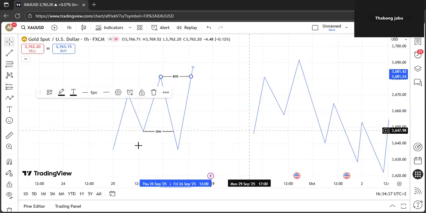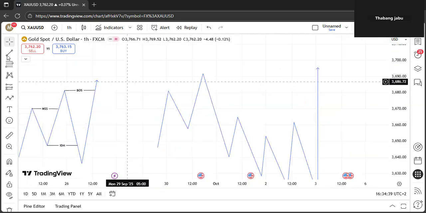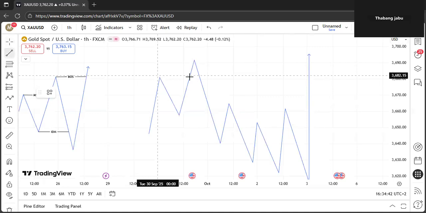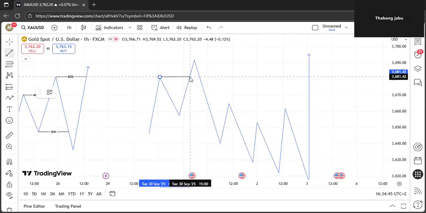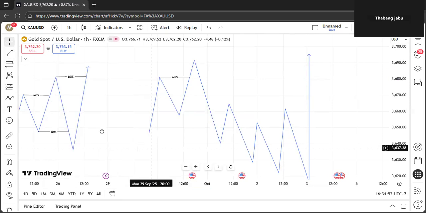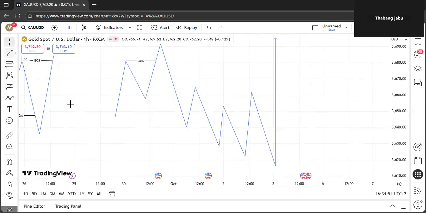And then let's go ahead and make the other structure. The first structure you might be familiar with, but the second structure might be something else. So just wait and see. This is our change of character. And then we have an endorsement again.